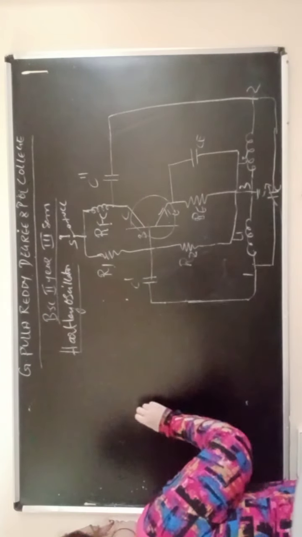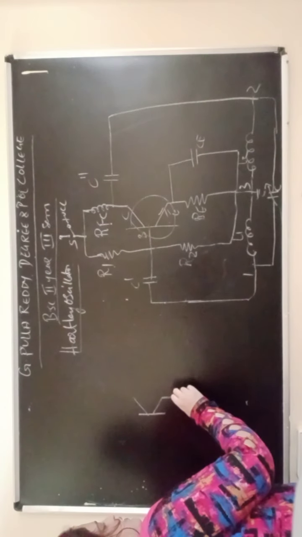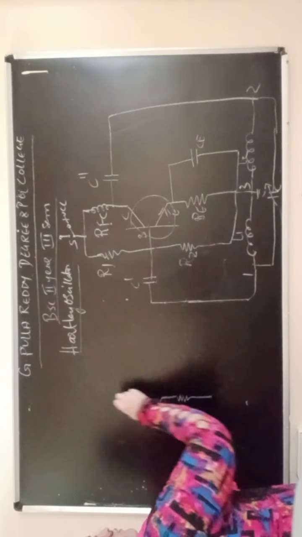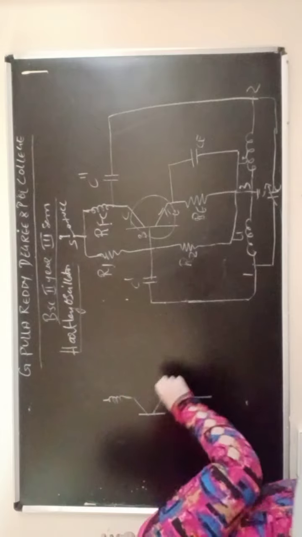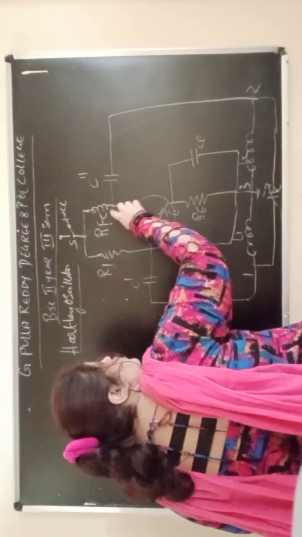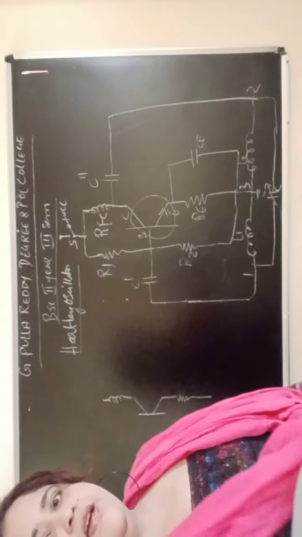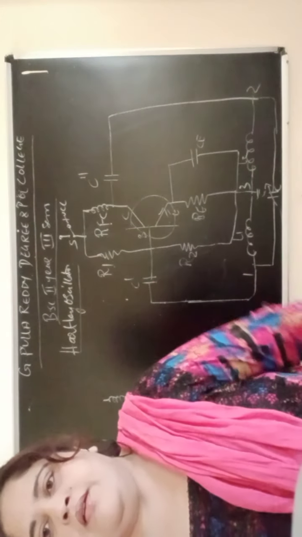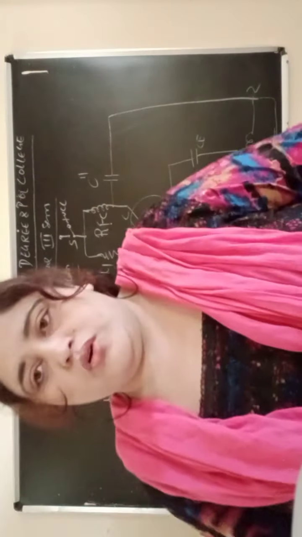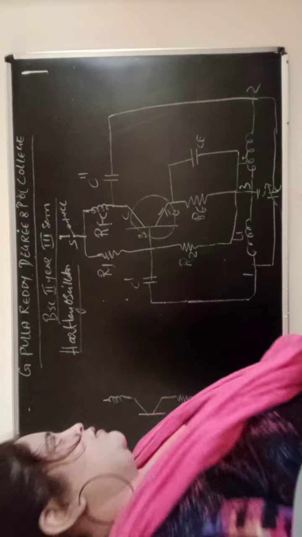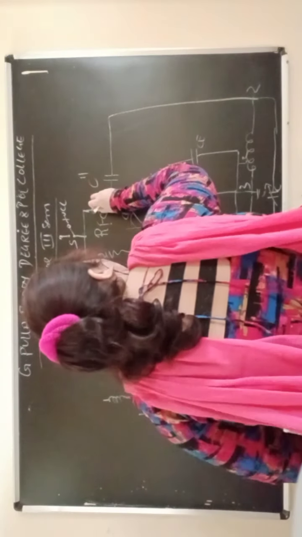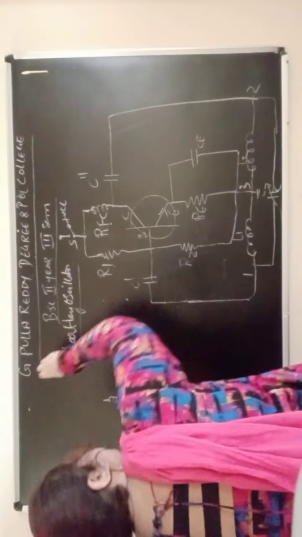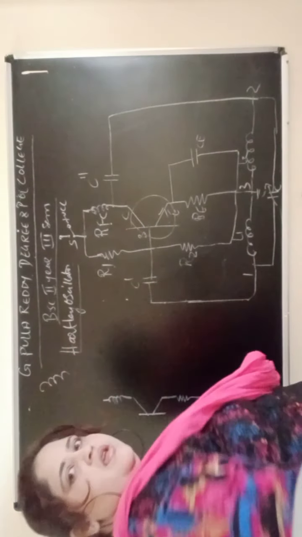I will draw it roughly here. RFC is a radio frequency choke. Choke means it is like an inductor, but the choke symbol is different. You have to remember that the choke will be drawn in round loops, like this.